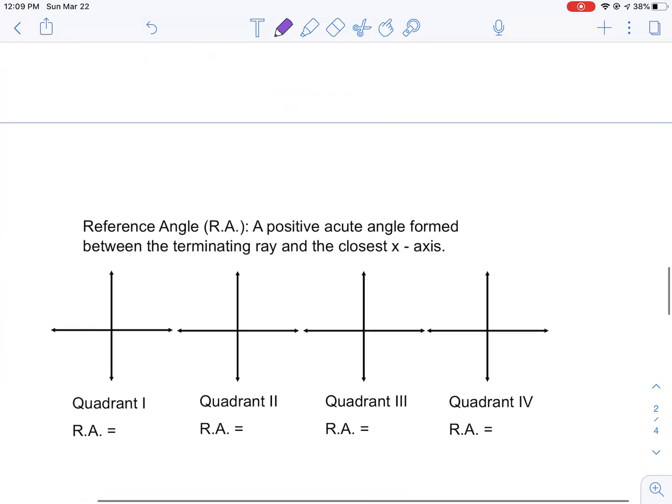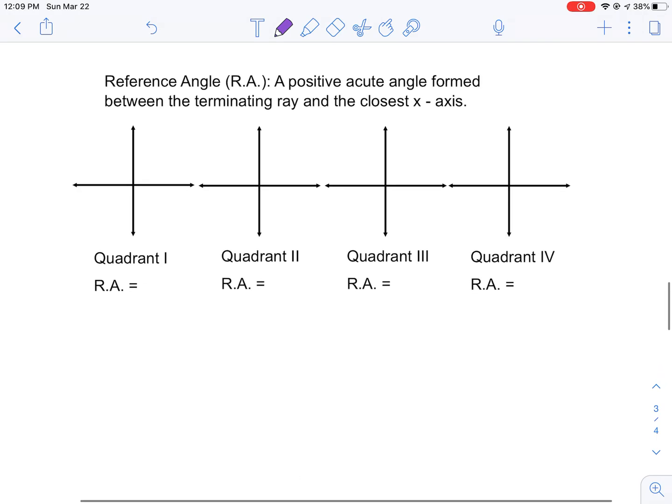Now using this, we're also going to talk about reference angles. Depending on where your angle falls, every angle has a reference angle. It just depends on where the terminal ray ends to determine how to find that reference angle. But a reference angle has two major pieces. It's positive and it's acute. If you don't remember what acute means, it means between 0 and 90. Technically, it's not equal to; at 90, it's a right angle.